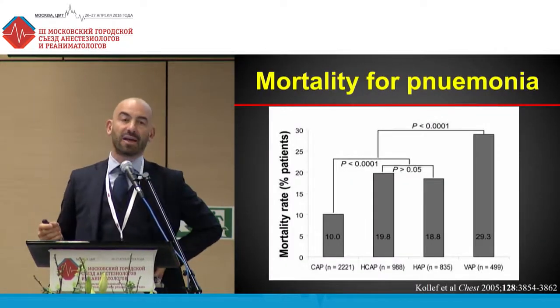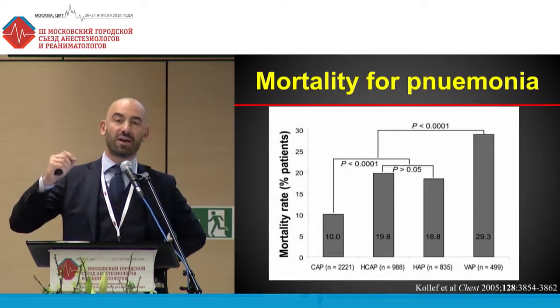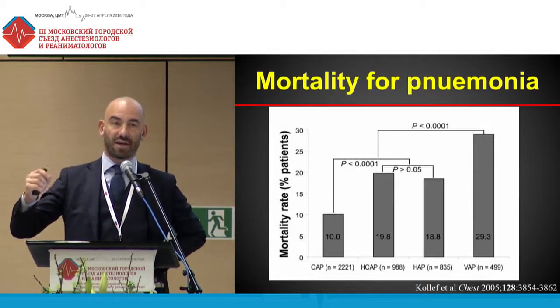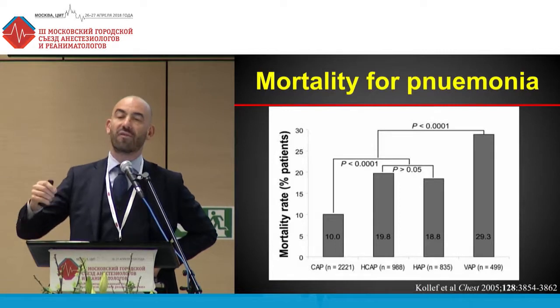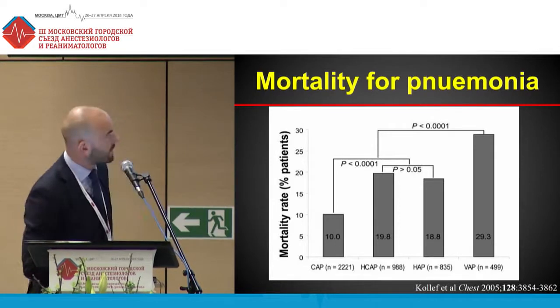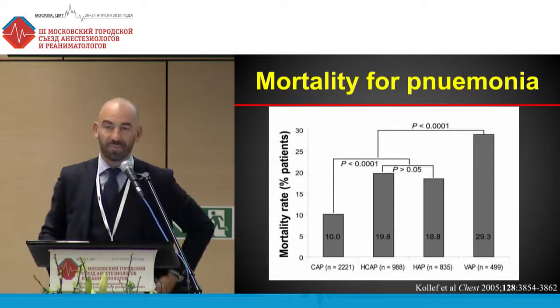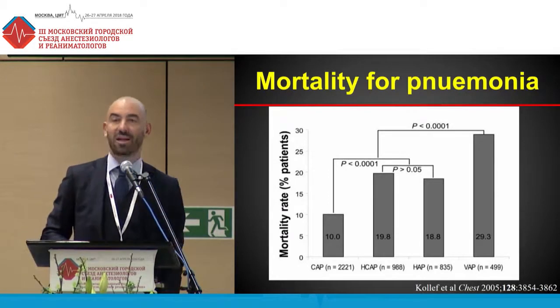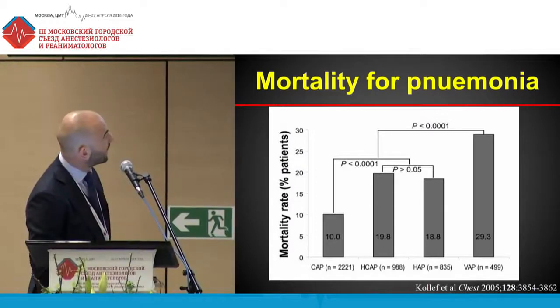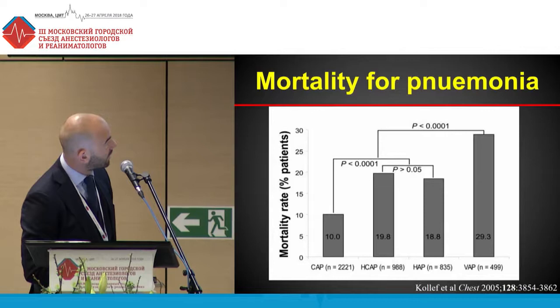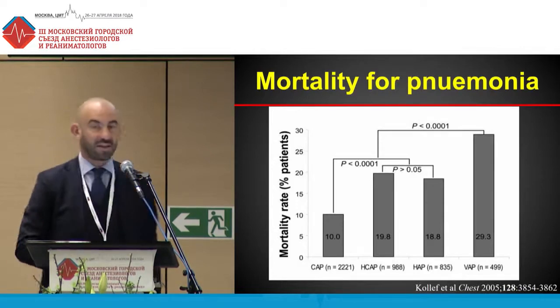Another important point is how many of the infections that arise in the hospital in general, and how many of the pneumonias, present the highest mortality. You can see very well here in this paper of several years ago by Marin Kollef, in which they analyzed the mortality for the different types of pneumonia: community-acquired pneumonia, healthcare-associated pneumonia, hospital-acquired pneumonia, and ventilator-associated pneumonia.